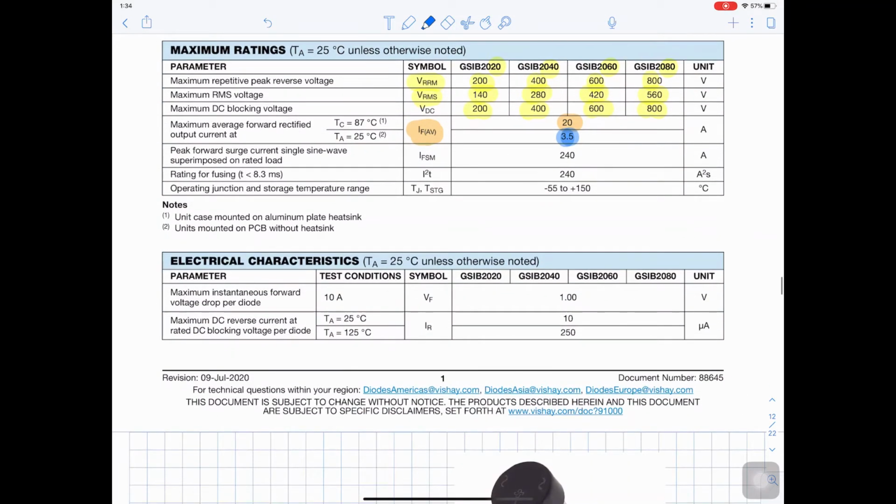But if you read through the data sheet, you can see that this rating, which is the 20 amp, is if you are using a heat sink. But if you are not using a heat sink and you are just adding this bridge into a PCB, the maximum current will drop to 3.5. It's almost 1/8 of the value.